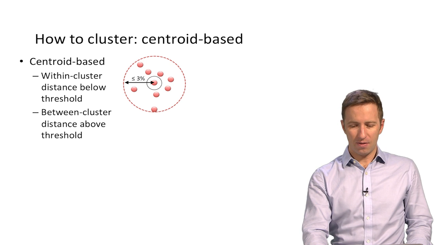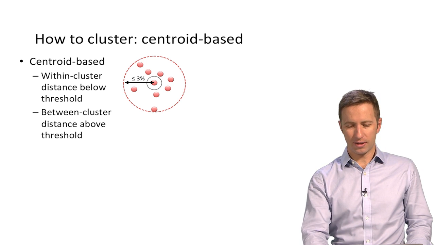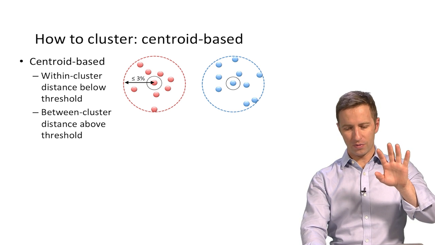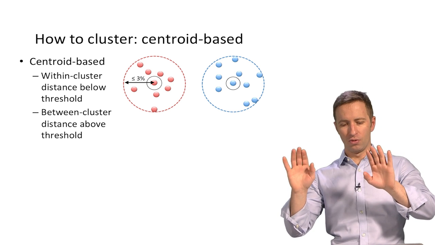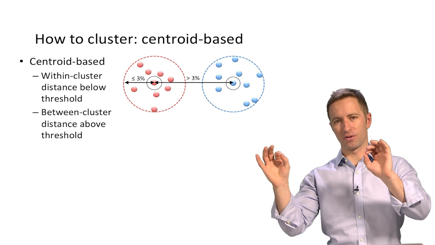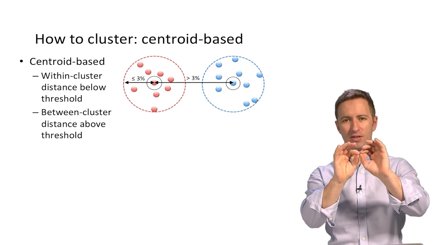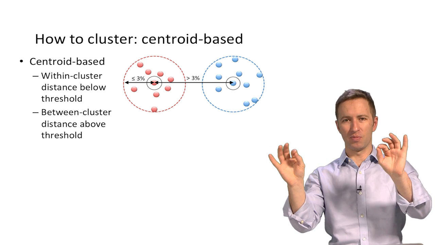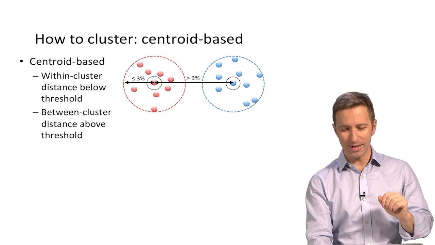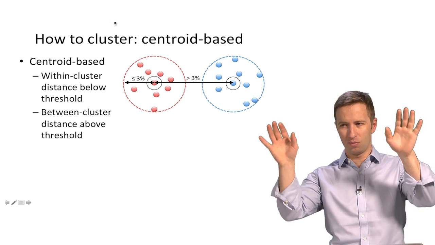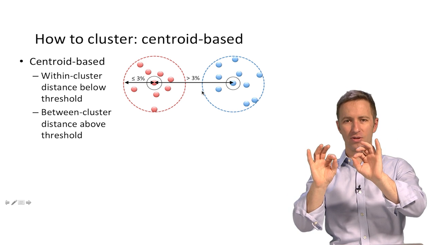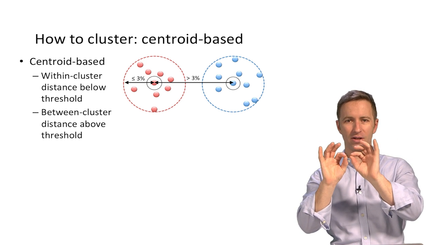And then you also want other clusters to be clearly separate. And the rule that you can use here is to require that the centroid of another cluster is far enough away from the centroid of the first cluster that they wouldn't be merged together. So that doesn't say anything about the space in between the boundaries of the clusters, because you could have two sequences in two different clusters that are actually quite close to one another.